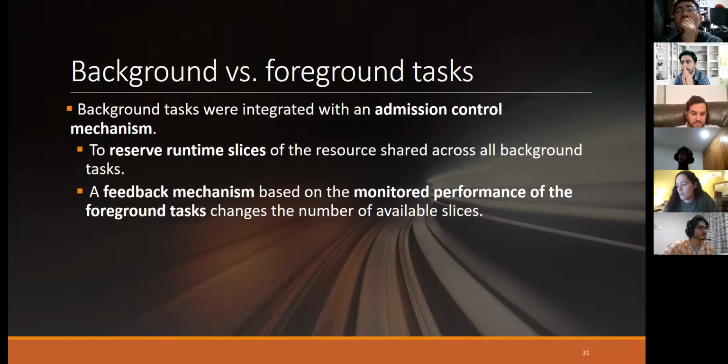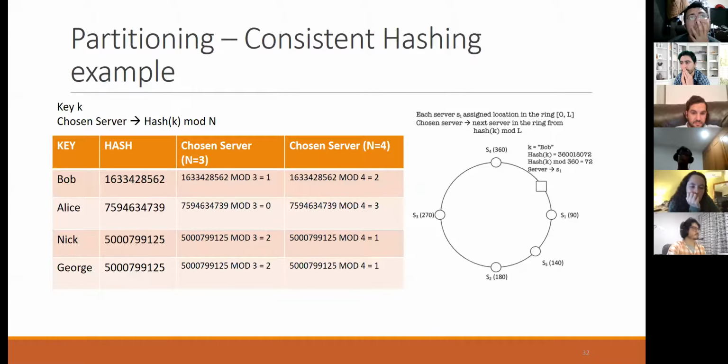So in this case, we are using the admission control mechanism, in which we are reserving some slice of time for the background tasks. And using this feedback loop, we limit the intrusiveness of the background activities in order to have the foreground tasks, which are put and get operations, running as expected. Go to next slide.